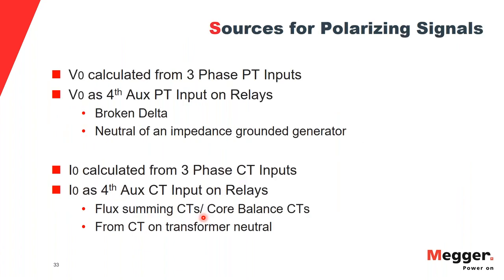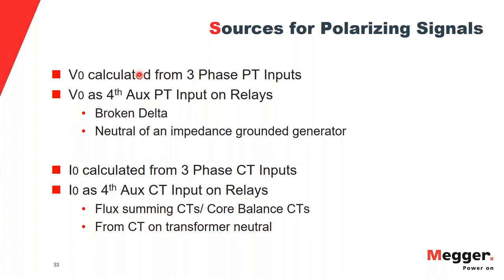So let's take a look here at how microprocessor relays are different from electromechanical relays when directional elements are concerned. In microprocessor relays, since I told you that they have phase inputs and they also sometimes have an auxiliary input, your zero sequence voltage can be calculated inside the box by measuring the phasor quantities from the phase inputs.